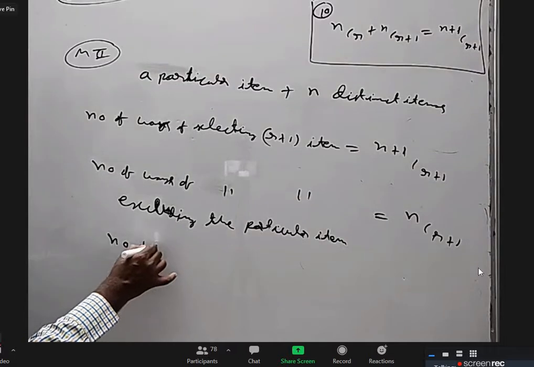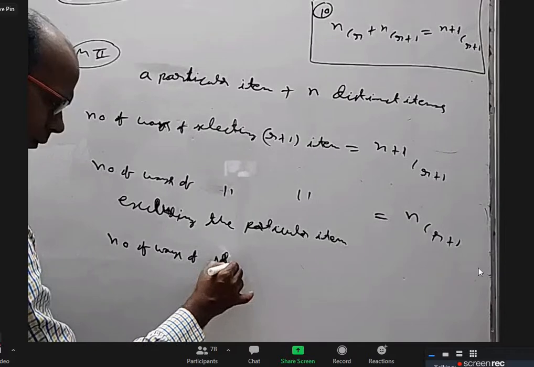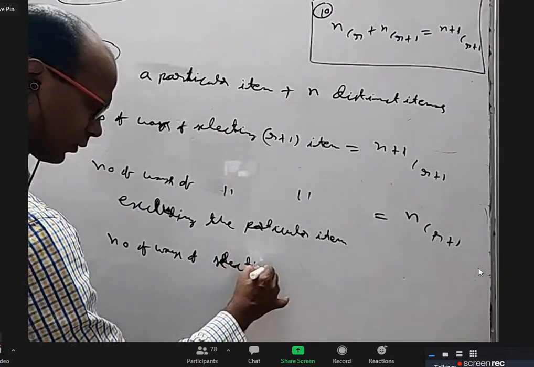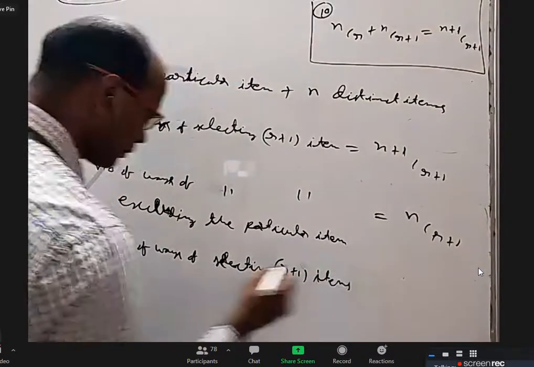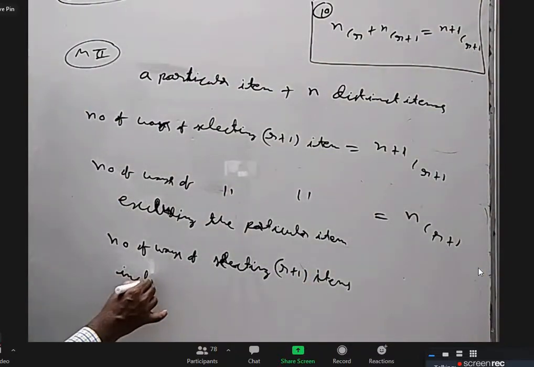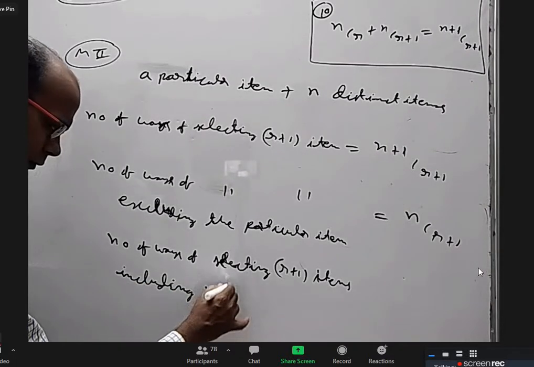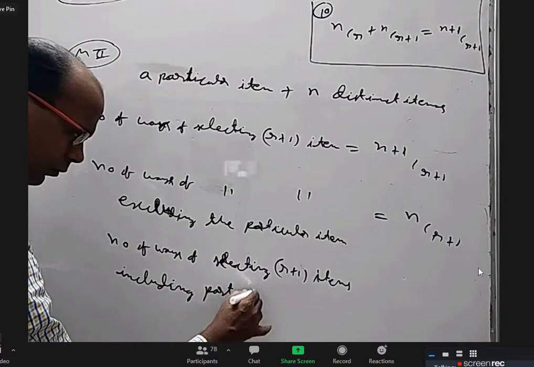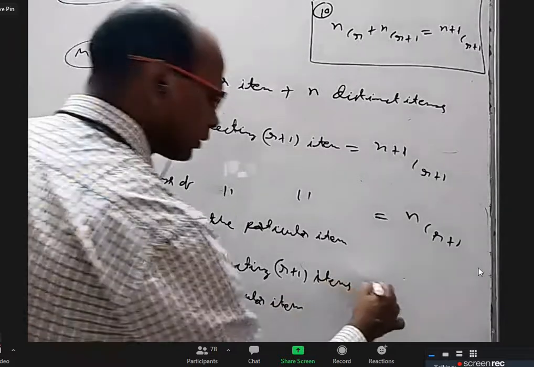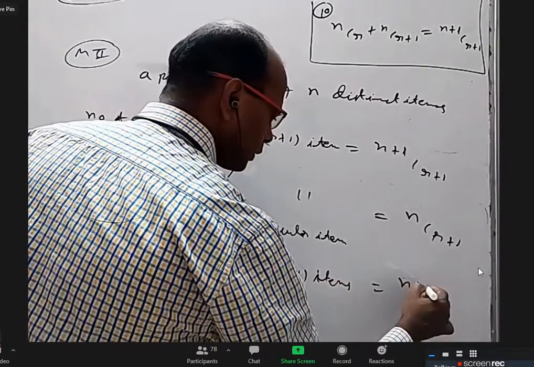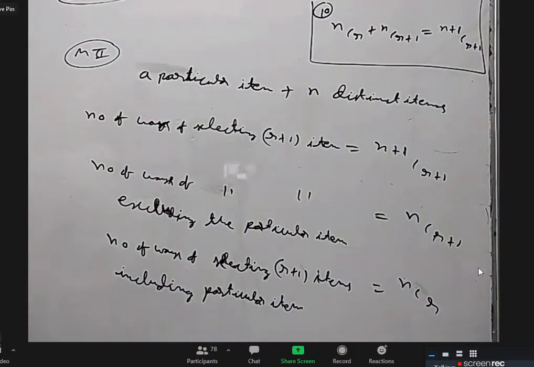Next, the number of ways of selecting r plus 1 items including the particular item is NCR, because if you are including that particular item, I don't have to select r plus 1 items.